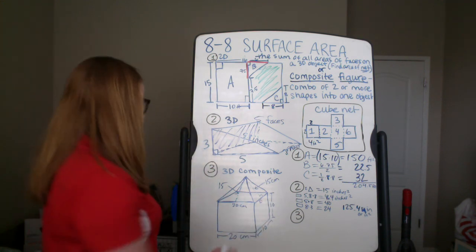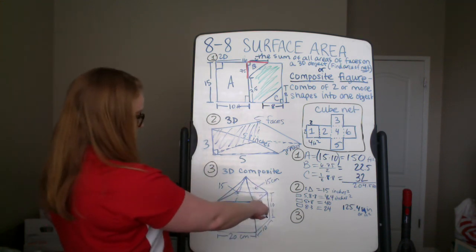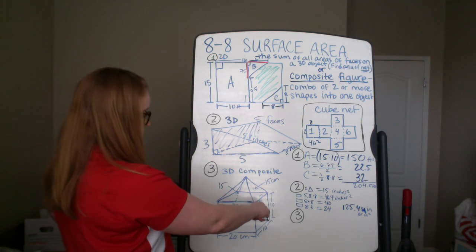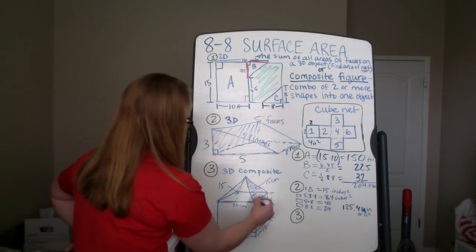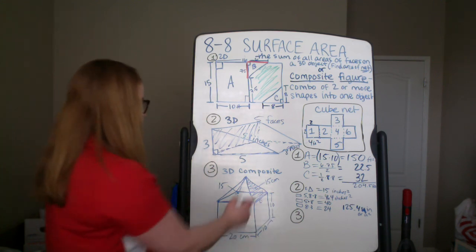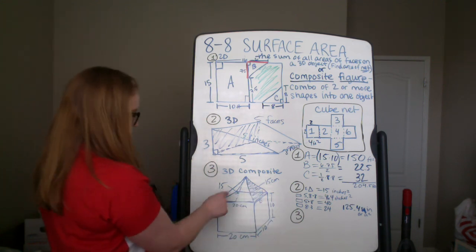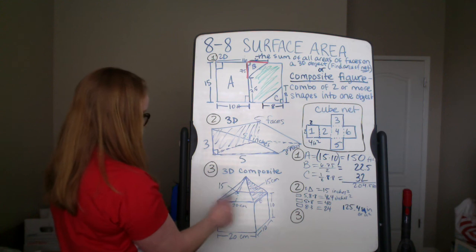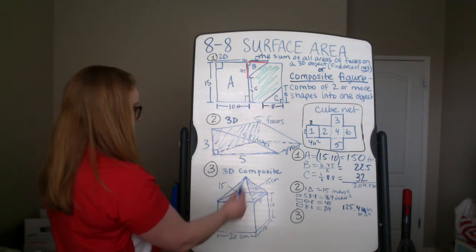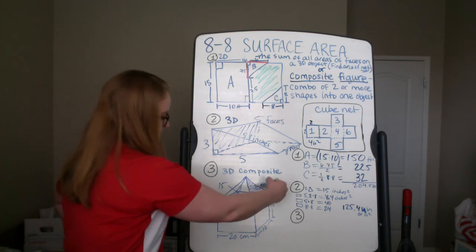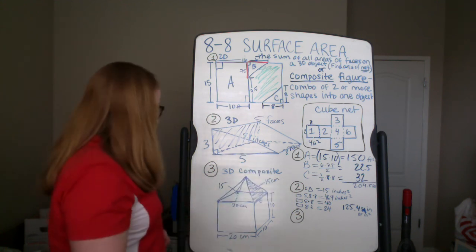So we'd have to calculate 15 times 10 divided by 2 for just this face, that one face. And then we know that this other side is going to have an identical one. And then same thing with this one. This triangle right here on this side would be 15 times 20 divided by 2, but then we also have an identical one on that other side.